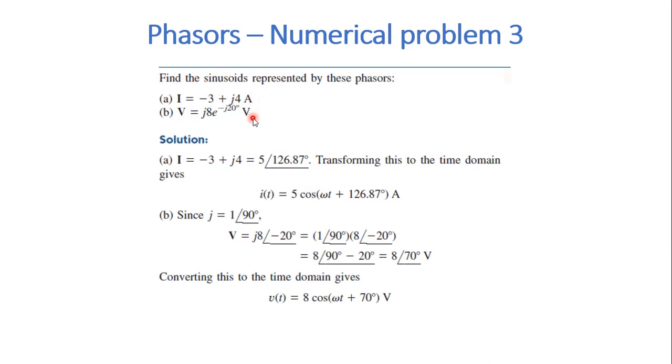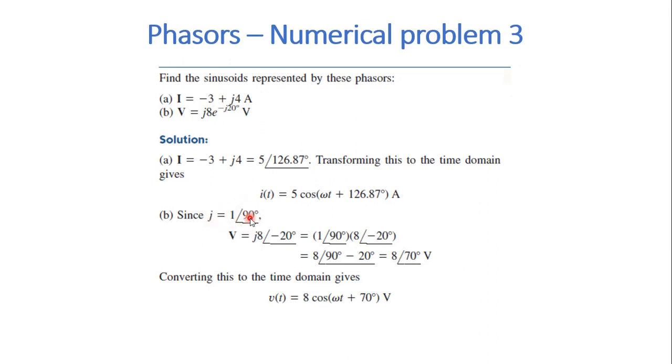Second problem statement is V = j8 e^(-j20) volts. Here j is a complex number. For this j, x value is 0 and y value is 1, so from that you can find the equivalent polar form for j. The equivalent polar form has magnitude 1 and angle 90 degrees.